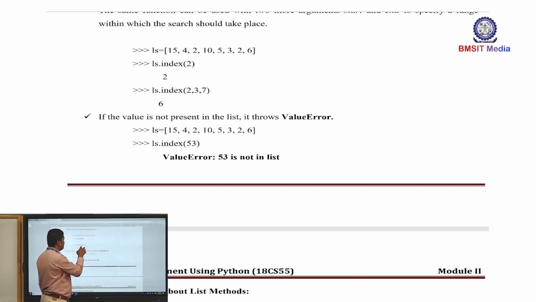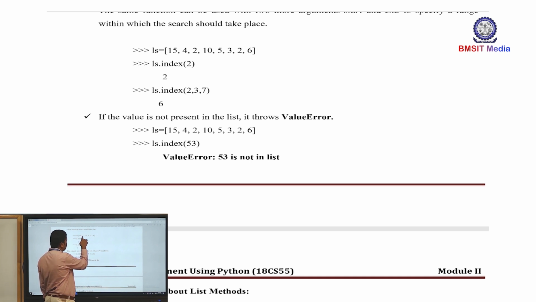It should find the index. But the element for which the index is needed is 2. So it will get the index of this 2, not the first one, because it says after every 3 elements you give the index.